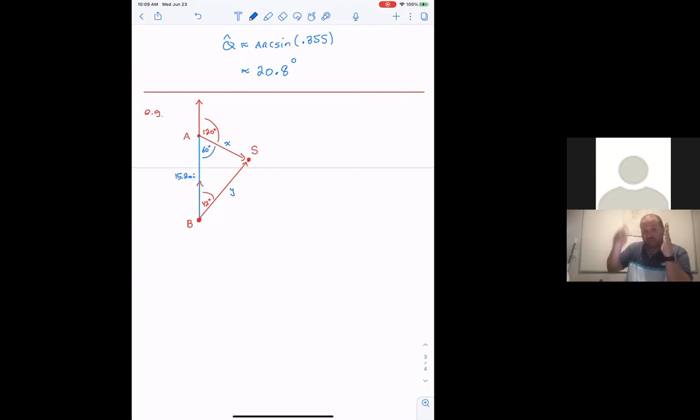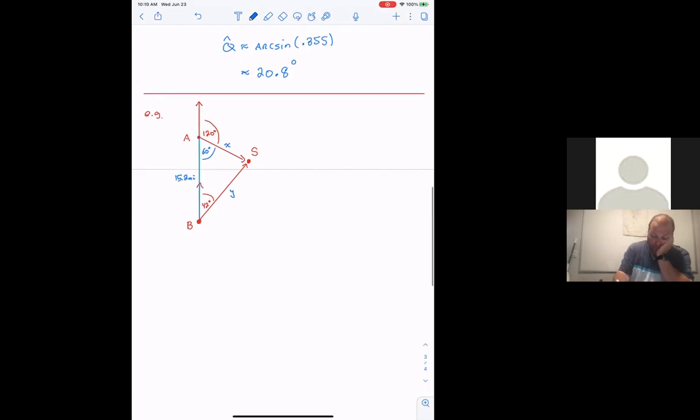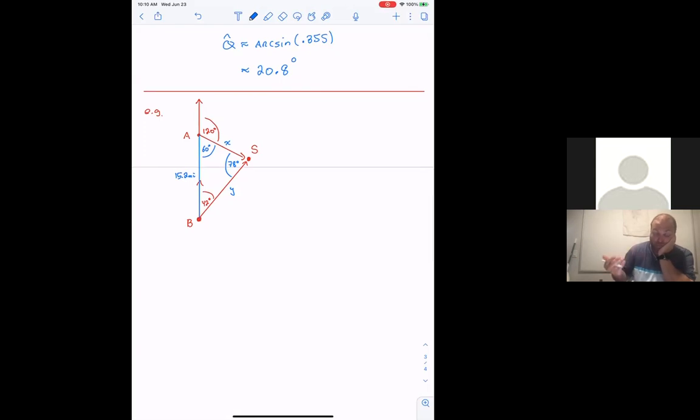120 and 60 is 180. We know a straight line makes a 180 degree angle. It's half of the circle. So now that I have 60 and 42, now I can compute the third angle of the triangle as 78 degrees. Once I have the third angle of the triangle, now I do have an angle side pair. Notice I'm looking for a side here.